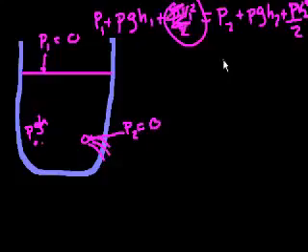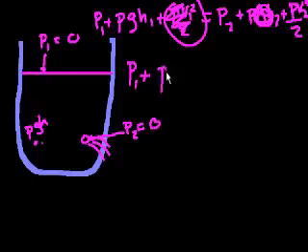And then we also defined that the hole was at 0. So H2, the height of H2, is 0. And so it simplifies down to the input pressure, the pressure at the top of the pipe or at the left side of the pipe, plus rho GH1.